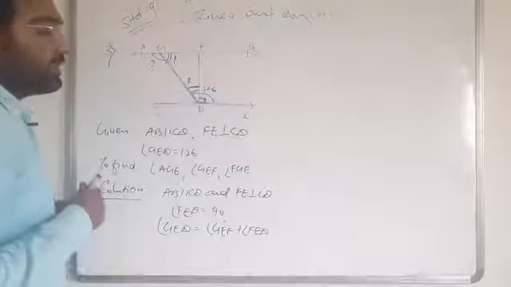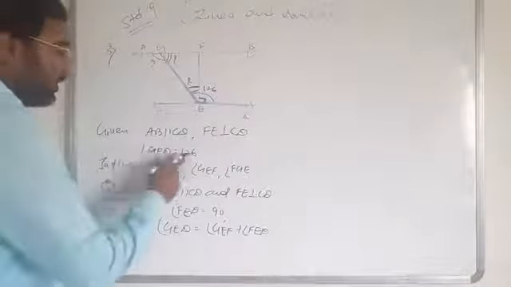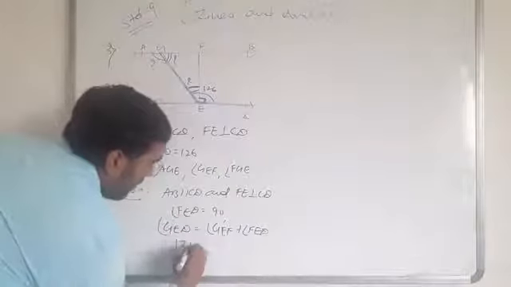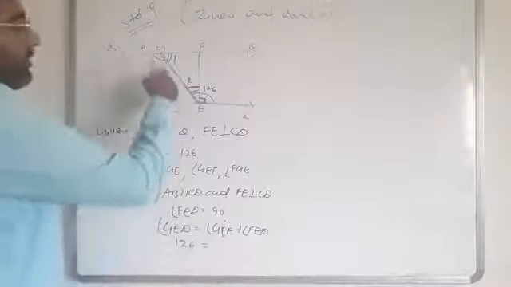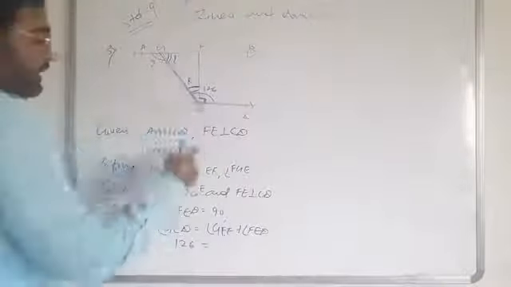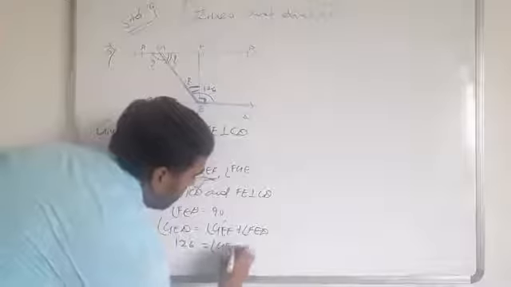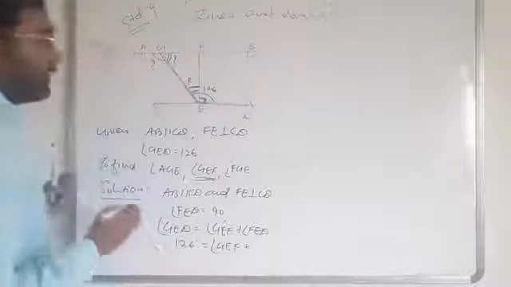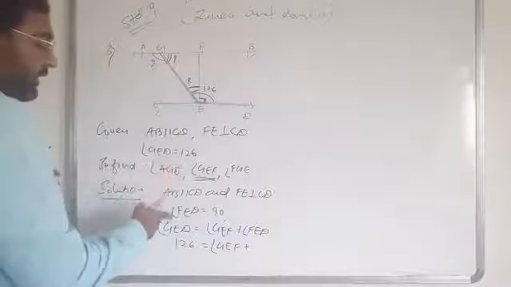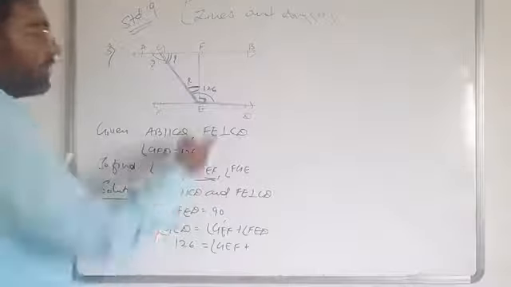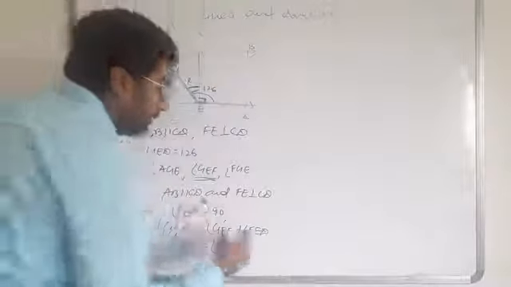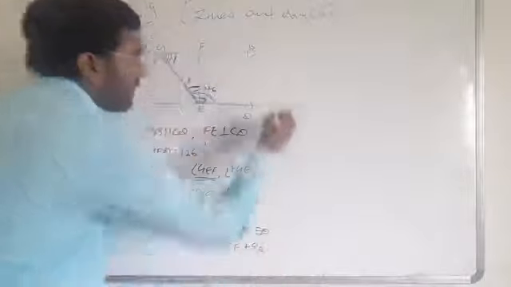GED is given, that is equal to 126 degrees. So I'll write 126 equals GEF, which we have to find, plus FED, which is given as 90 degrees.